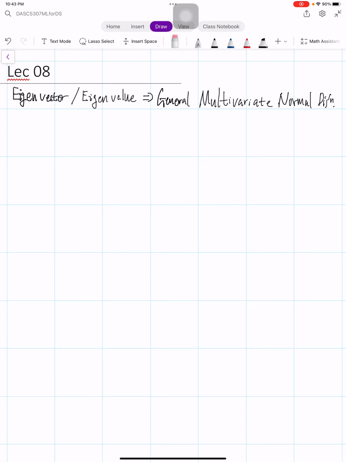Okay, so first let's review what is an eigenvector and what is an eigenvalue. Given a square matrix, maybe here I can just give you an example.